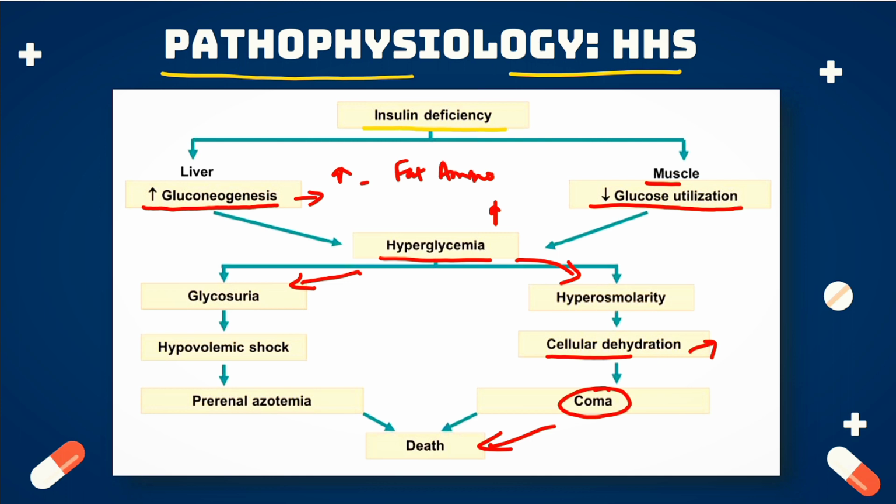This condition is known as glycosuria, and as the glucose is getting out of the body through urine, water will also get out along with the glucose, and this will lead to a shock like condition, that is hypovolemic shock, and this will lead to pre-renal azotemia, and ultimately this will also lead to death.